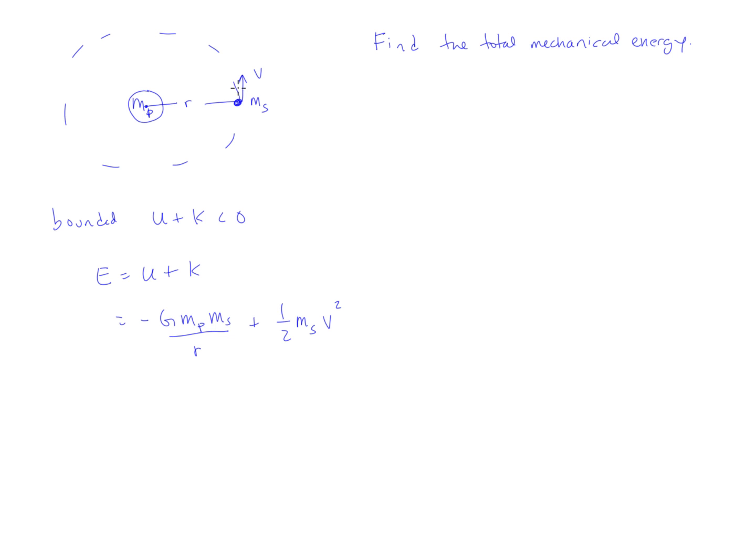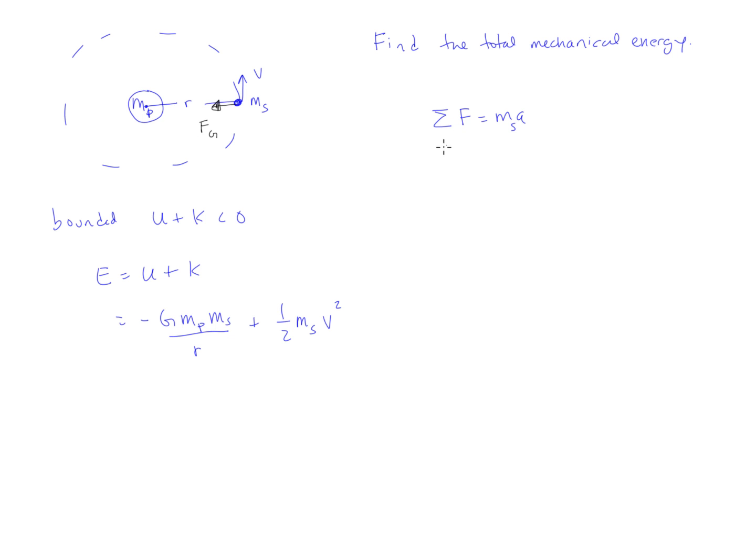So if we know that it is traveling in a circular orbit, can that tell us anything about the speed? Well, if we think back to Newton's laws, we know the sum of the forces equals ma. And so if we look at this satellite, what are the forces acting on the satellite? We have a force of gravity, Fg, and that's causing it to accelerate.